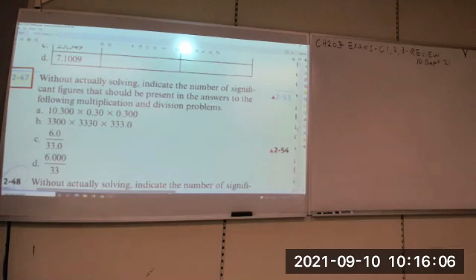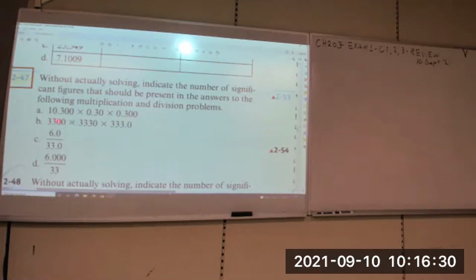Because all you have to do is look at the least number of significant figures in the operation, and that determines your answer. Right? For this one, there's 5, there's 2, there's 3. This is the least. So this one's going to be 2 significant figures in the answer.